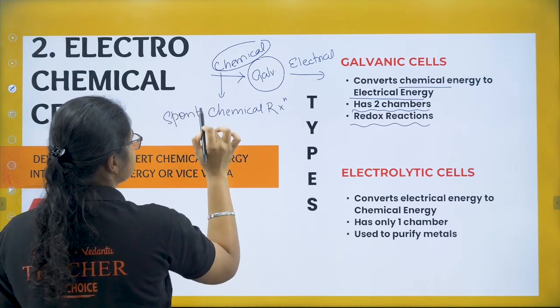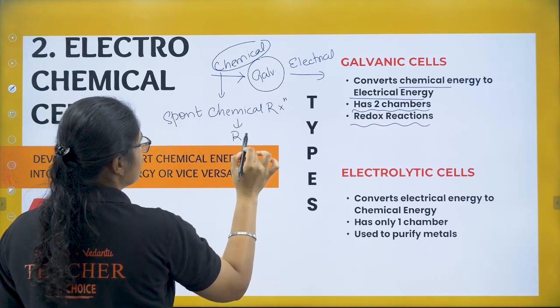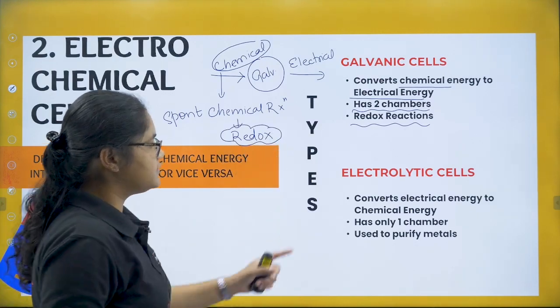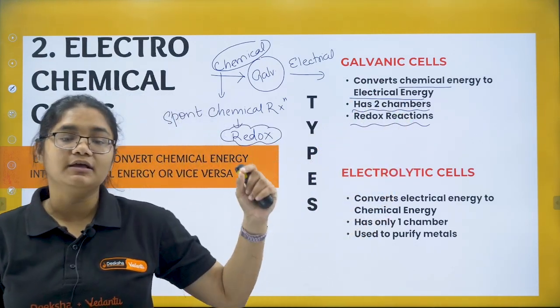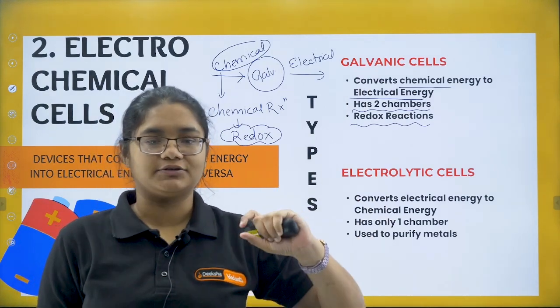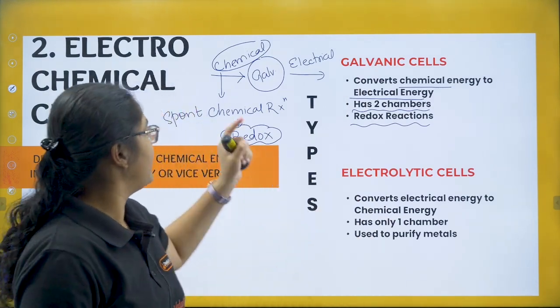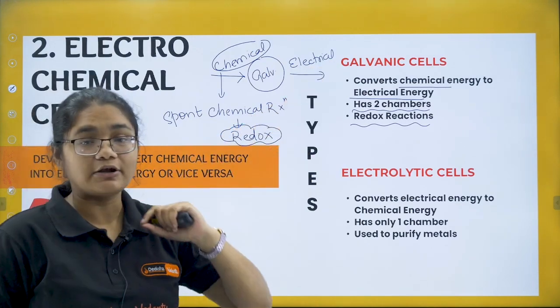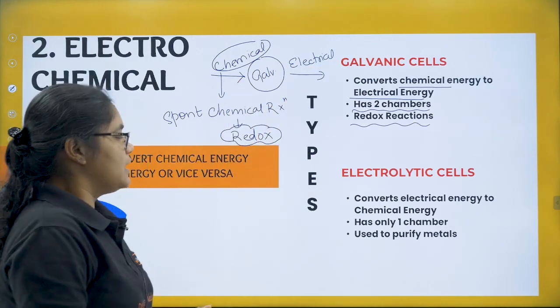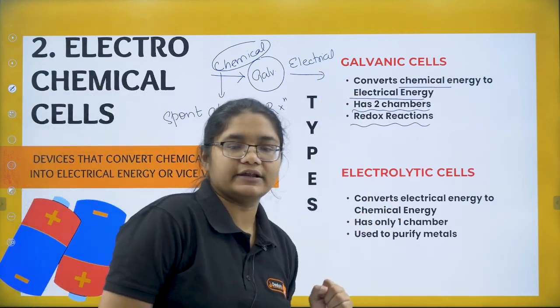Spontaneous chemical reactions. What type of spontaneous chemical reactions will we be studying? Redox reactions. So the chemical reaction that will take place will be redox reactions. These redox reactions will give you chemical energy, and that chemical energy will be converted to electrical energy by using the galvanic cell. Now the opposite of that is the electrolytic cell.